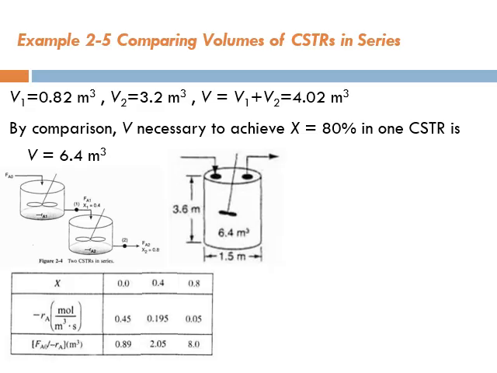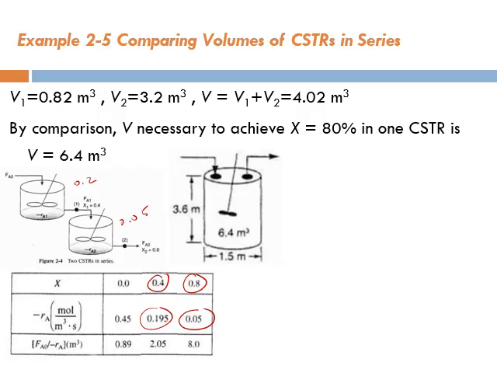Well, we said that everything is related to the rate of reaction in this course because it's a rate-based design, right? So let's look at the rate. The rate at the first reactor, where you have a conversion of 0.4, is around 0.2 mole per cubic meter per second. And the rate at the second reactor in series, where the conversion is 0.8, is 1/4 of that, around 0.05 mole per cubic meter per second.